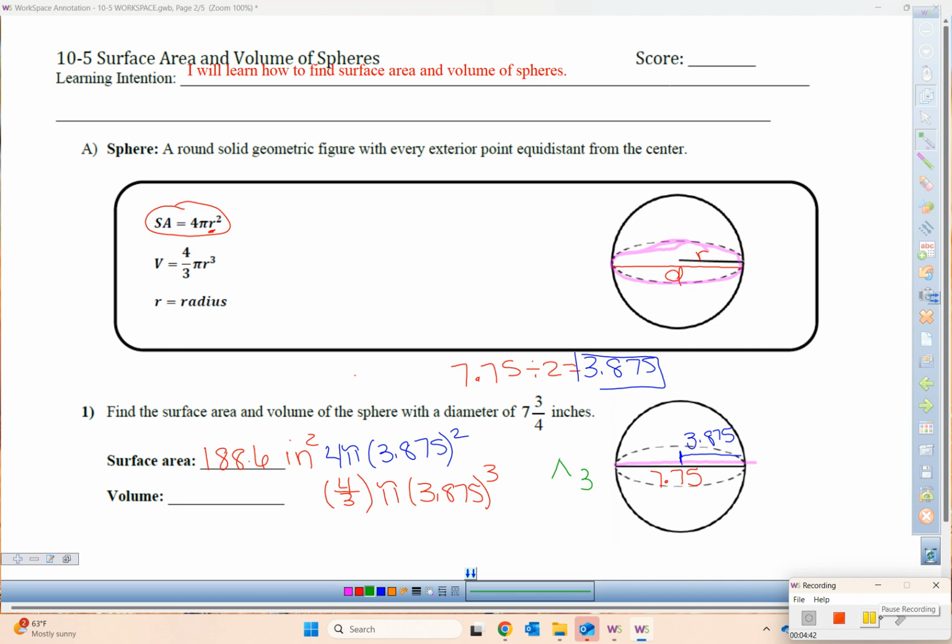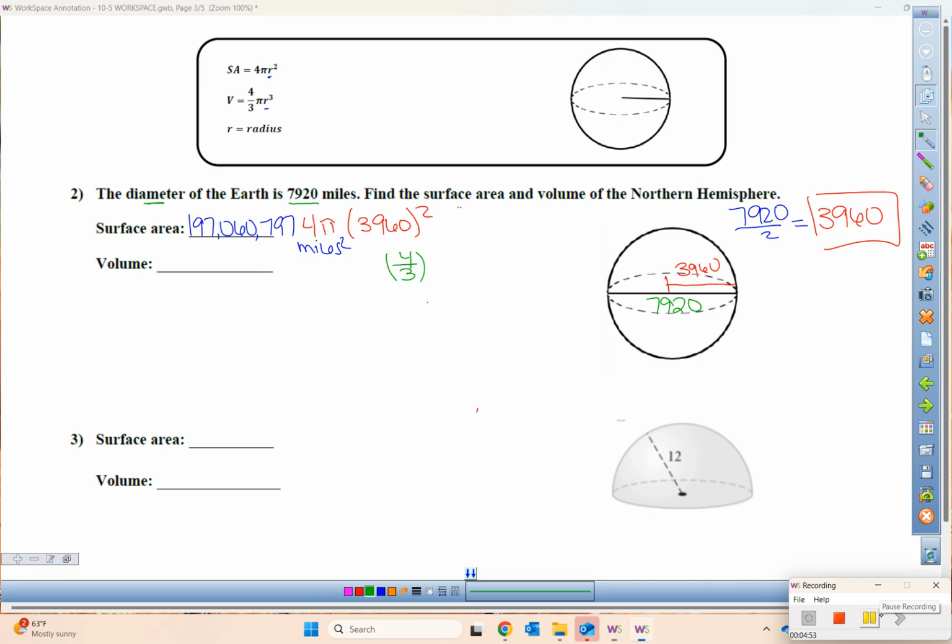Okay, so finding the volume would be 4/3 pi radius cubed. And plugging in my radius would be the 3.875 cubed.